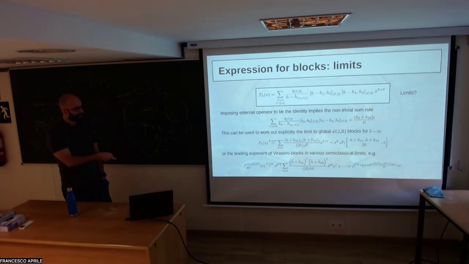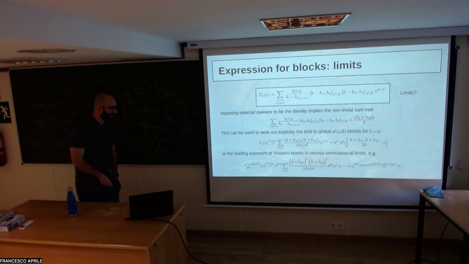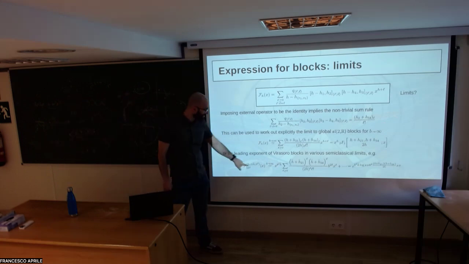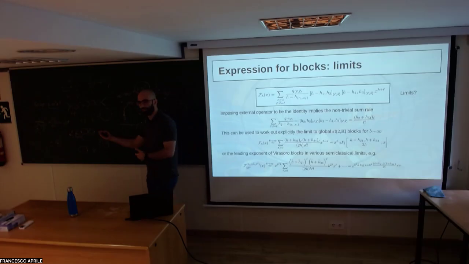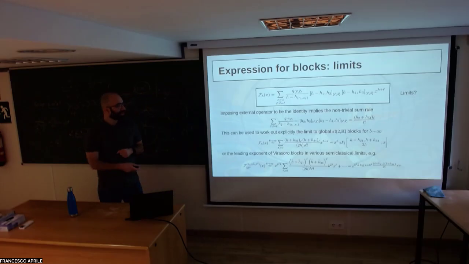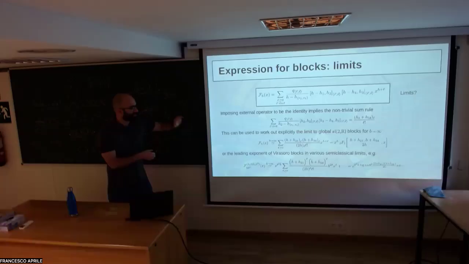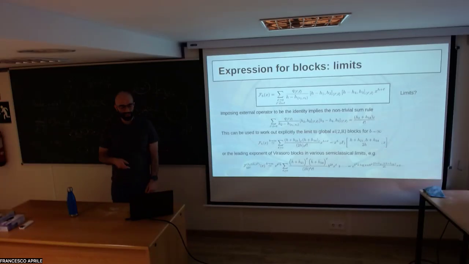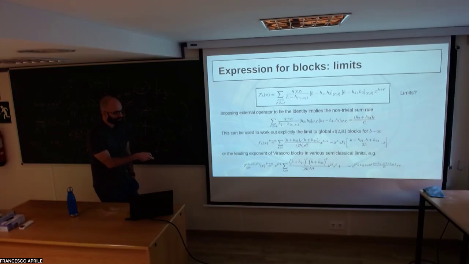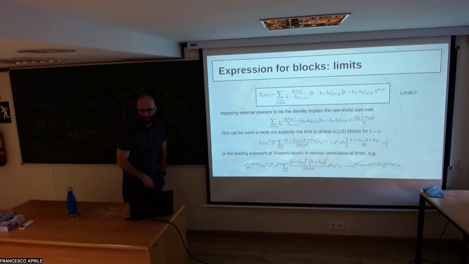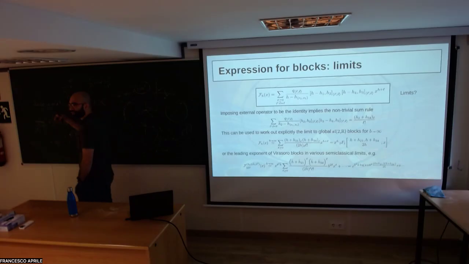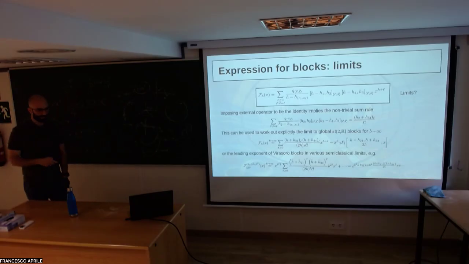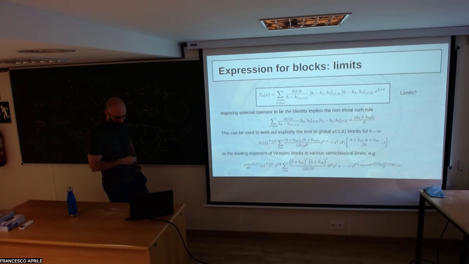For instance, if you take a large central charge and we consider heavy operators which are proportional to the large central charge, you can work out the same type of steps that led us to the global conformal blocks to give us some exponentiation of some terms in the block expansion, which reproduce exactly what is known in the literature, coming from a very different approach for these semi-classical conformal blocks.